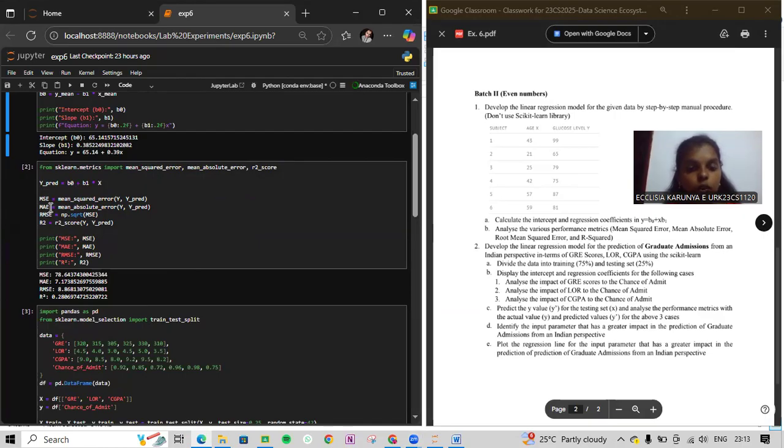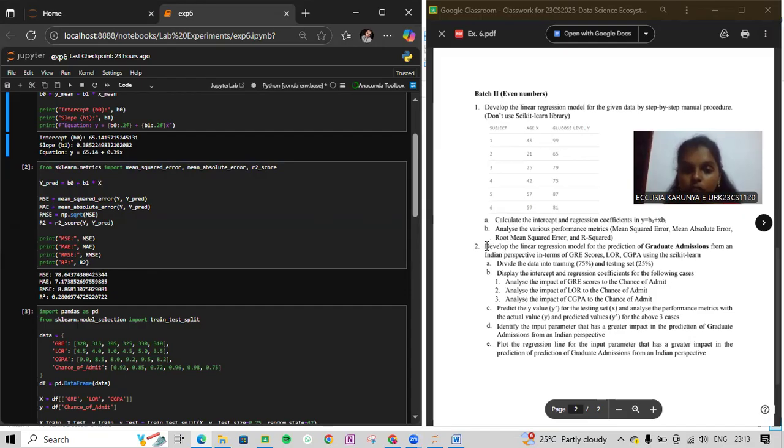By taking the square root of MSE, we will get the value of RMSE. Finally, we are going to calculate the R squared value, which shows how well the regression line fits the data. Then we need to print the calculated values.